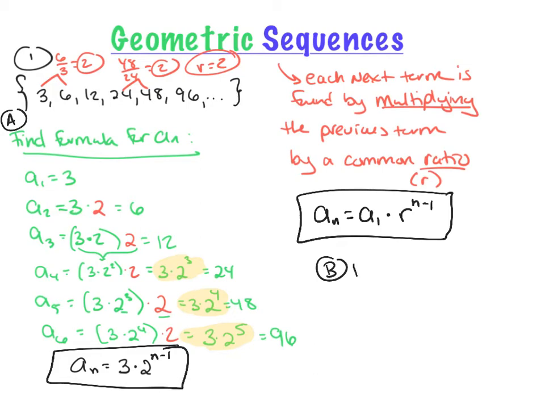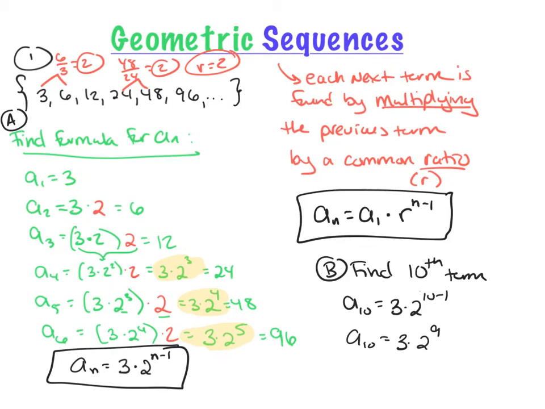Part B, you can now find the 10th term of the sequence we have up there by just doing a sub 10 equals 3 times 2 to the 10 minus 1. Clean that up a little bit, or 3 times 2 to the 9th.